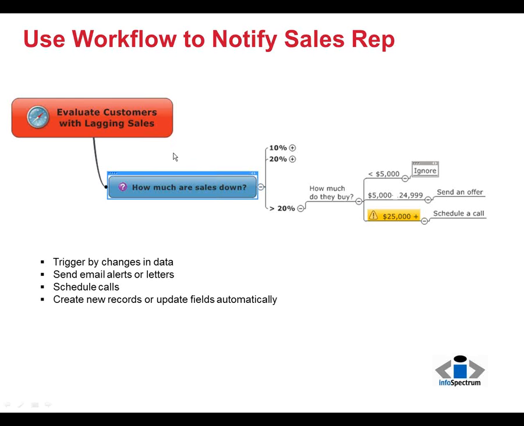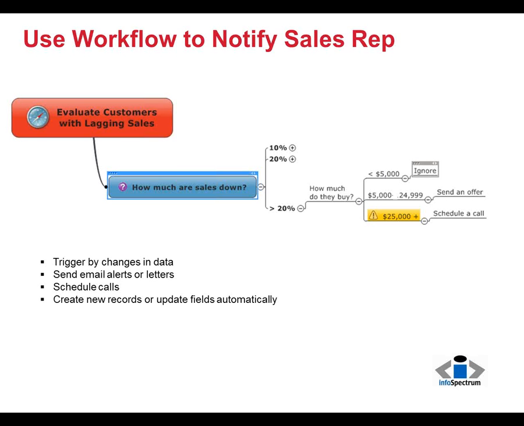So this is a simple example where, depending on how much sales are down, whether they're down 10%, 20%, more than 20%, then you can ask, well, how much do they buy? Are they a small customer? Maybe we won't worry about that. If they're a medium-sized customer, maybe we'll send them an email with a promotion, an offer.